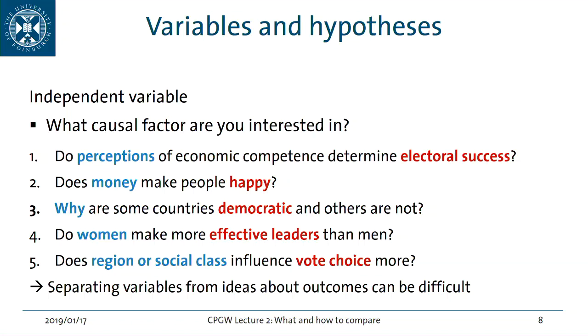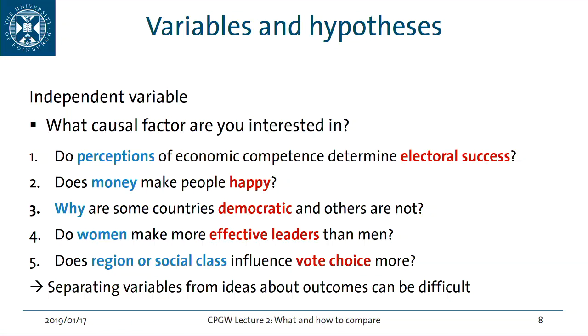To come up with that question, we already need to have an idea in our head that there might be a gender difference that then says something about differences in effectiveness, however we measure that, or whatever we mean by that. So sometimes it's difficult to keep apart the theory itself, gender plays a role in leadership effectiveness, and our variable selection. So it pays off sometimes to separate what is the abstract idea and what are the concrete variables that we're looking at.